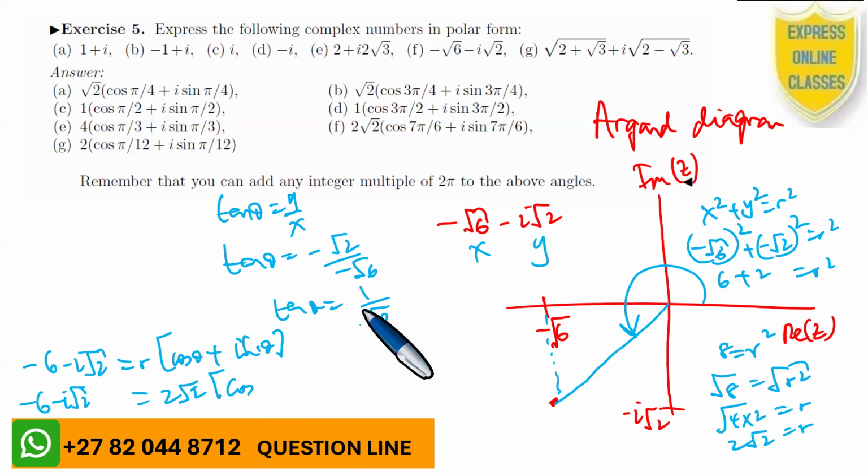The question is, what is this angle? If you have this, then you're going to use the special triangles. If this is pi over 6, this is pi over 3, with sides 1, 2, and square root of 3.